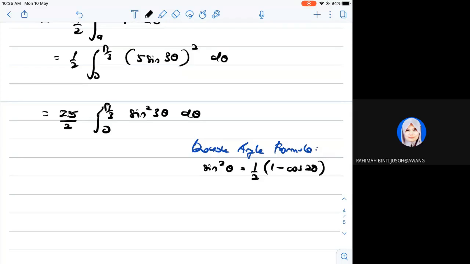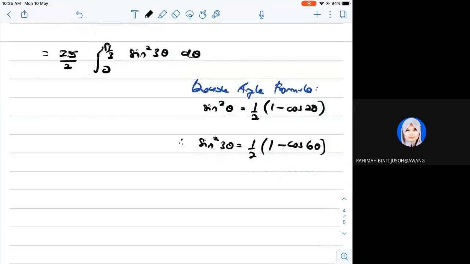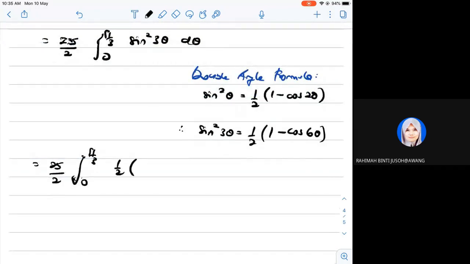Macam tu. So in our case we have 3 theta, dia akan jadi sine squared 3 theta. So we have to substitute with 1 over 2 (1 minus cos 6 theta). Macam tu. So dapatlah 25 over 2 integration from 0 until pi over 3, and then we have 1 over 2 (1 minus cos 6 theta) d theta, like that.